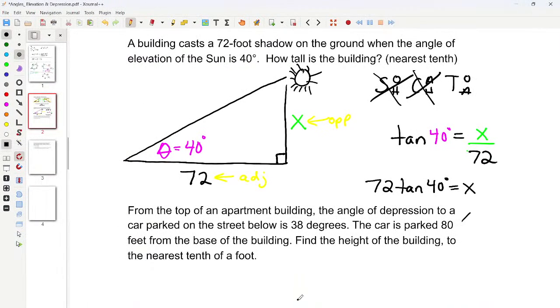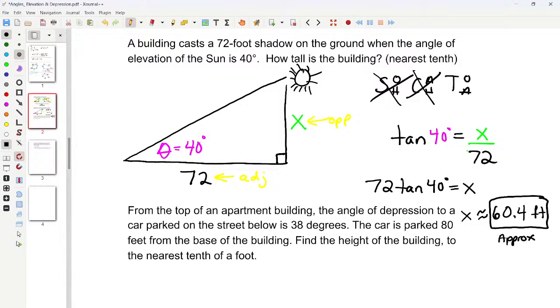So X is about 60.4, and the label here was feet. Just reminding us that is literally an approximation.